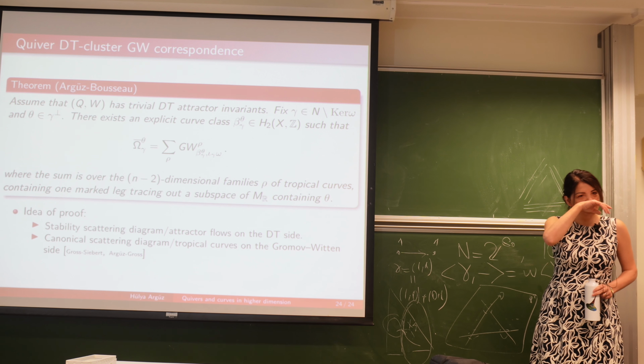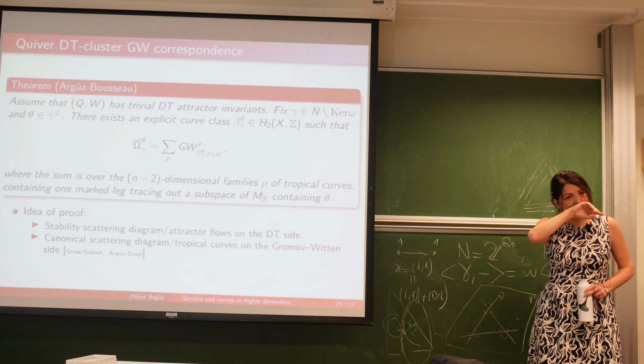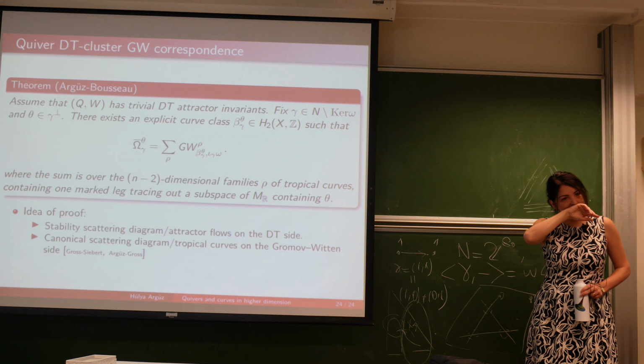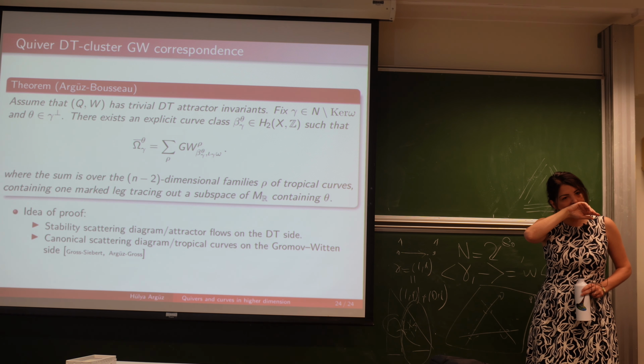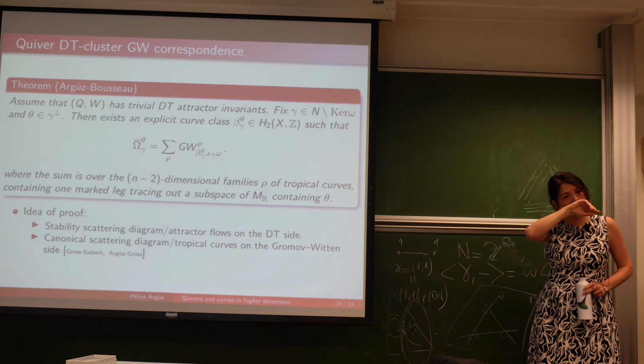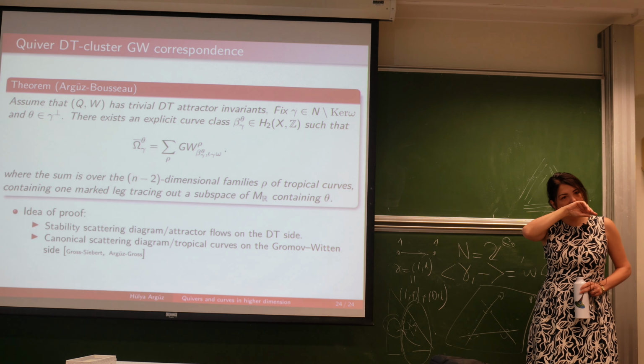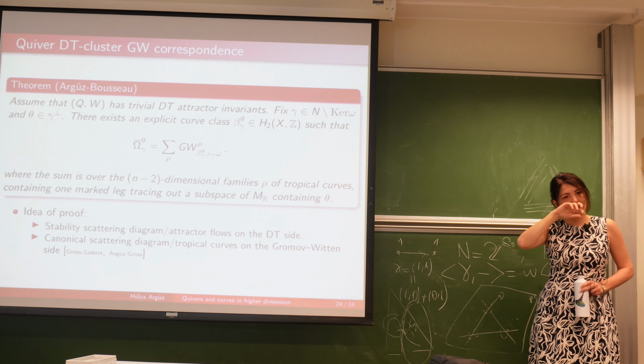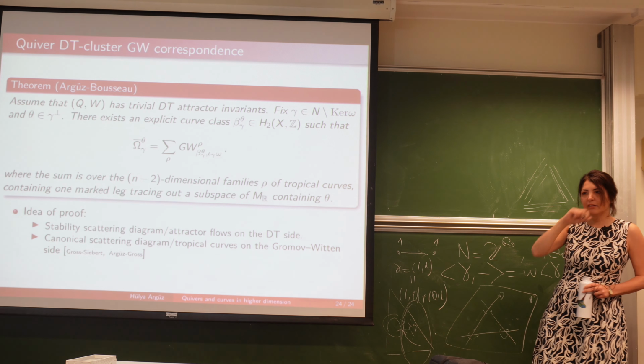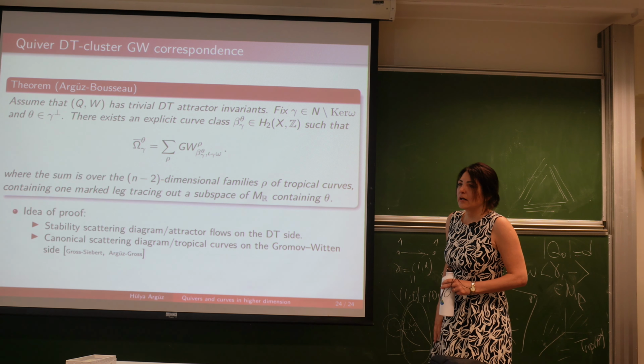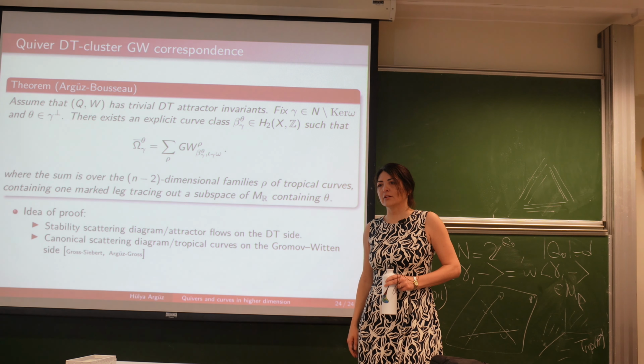Yeah, maybe a bit of a random question. Usually people talk about attractor points on complex moduli of complex CY3s. Here you're in the A-model moduli space, so is there some relation? I don't really know.